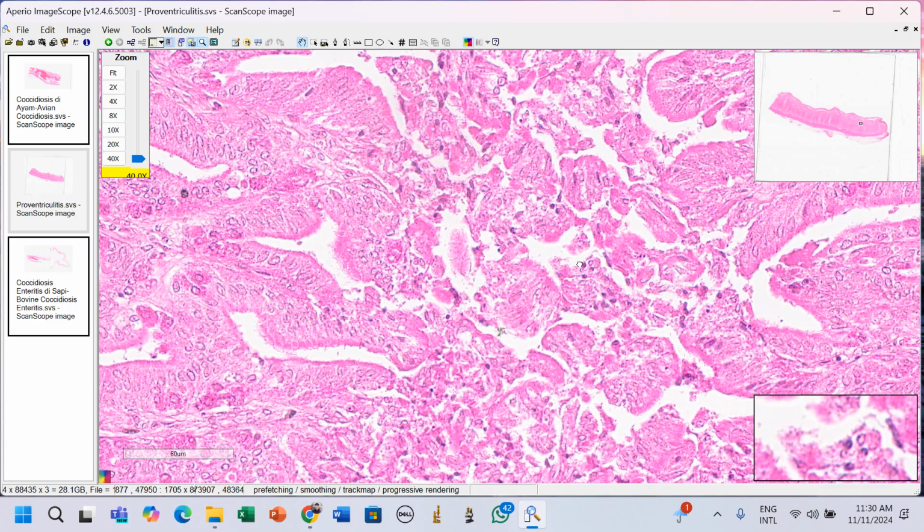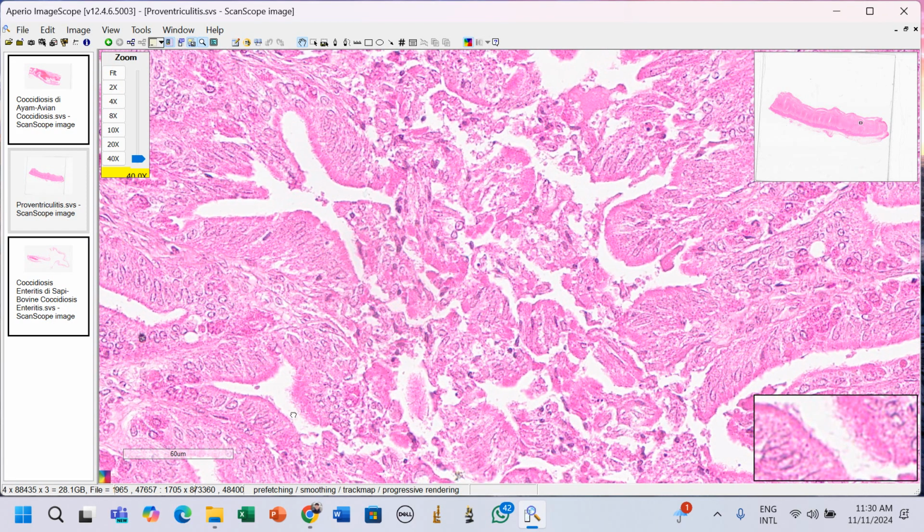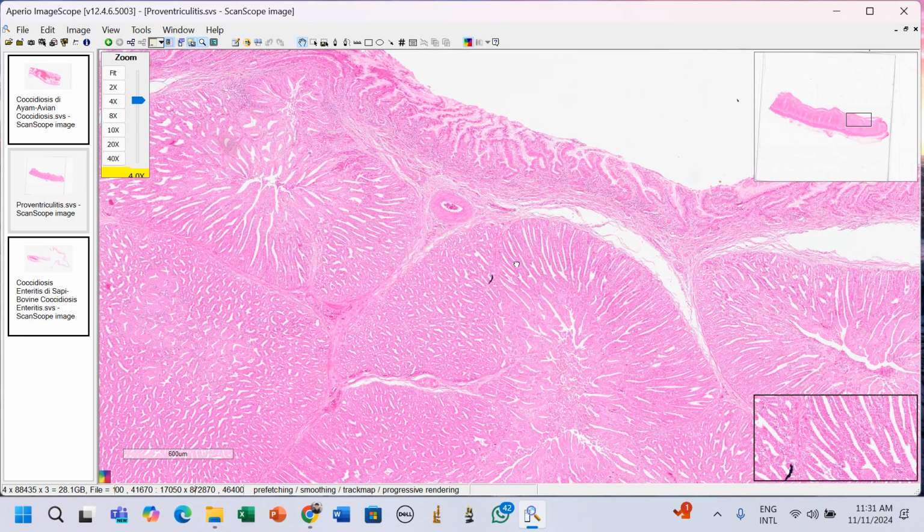And this is the normal proventriculus, and this part is the proventriculus with necrosis. That's why you cannot see the intact nuclei, and also the nuclei are very small and purple, indicating what we call pycnosis. Right, I think that's all for the proventriculus. I think you can find the findings easily.